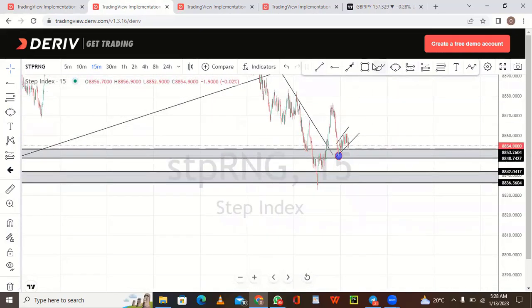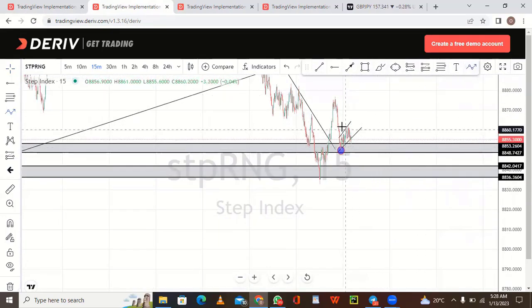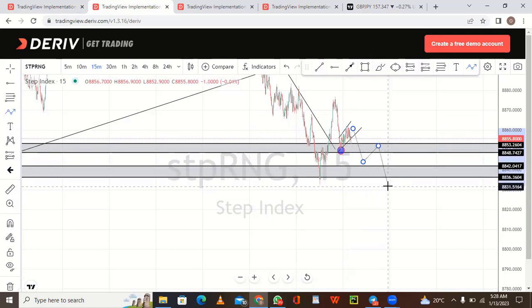If the market does something like this, I want to make an entry. If the market breaks out of the bearish flag and retests this particular zone, this is why I call this place my POI. Then I can make an entry to sell, or probably wait for a conservative entry.